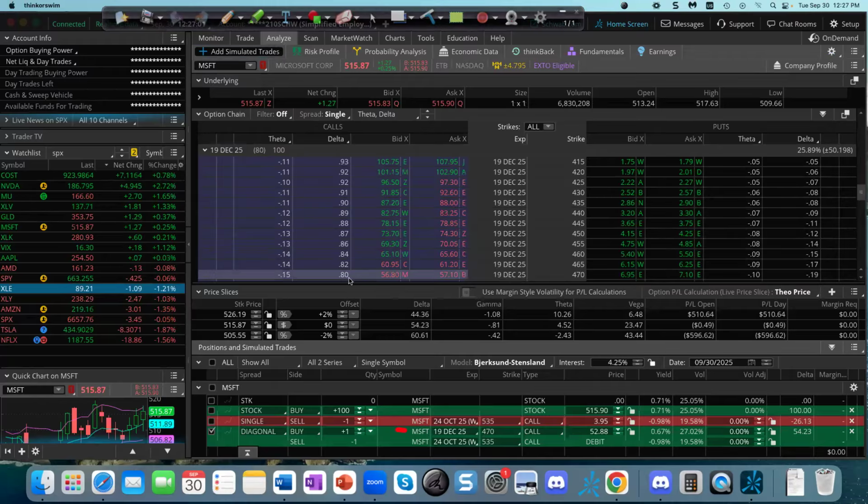It's an 80 delta. So unlike stock, you put up 51 grand, but you're only making $100 for every dollar up. So if it goes up $1, you're making 100 divided by 51,000. If you buy an 80 delta, and eventually that 80 delta, as Microsoft goes up, is going to continue to go higher towards 100.